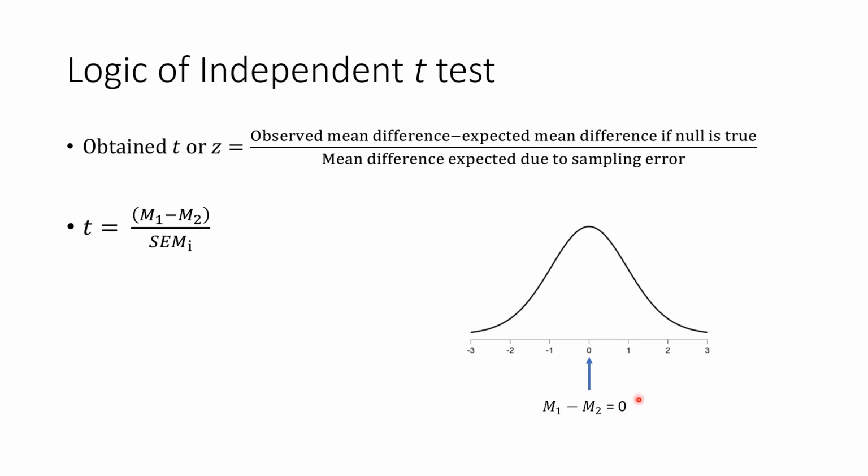If the null is true, you're going to get something very close to the middle of the curve, a 0 for t. If you get something way out here in either tail, that's going to be strong evidence against the null hypothesis. You'll get a small p-value if you get something out in these tails.